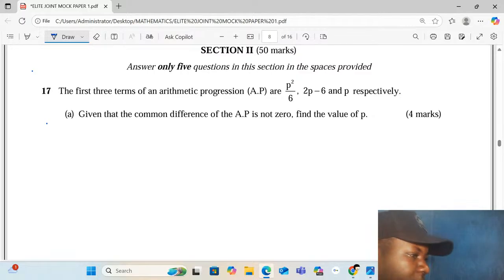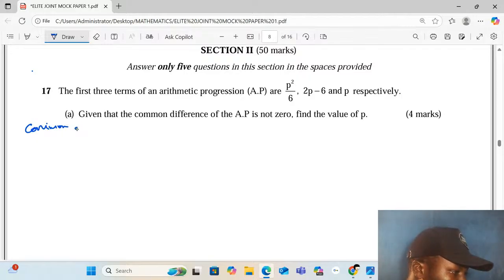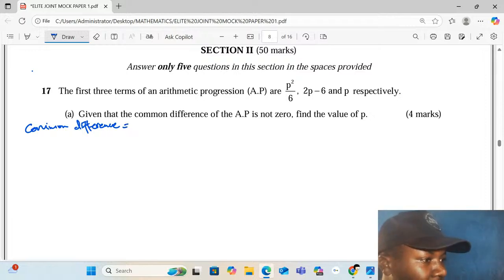Keep in touch. So the first thing we are supposed to do now is look for the common difference of this AP. In the common difference, we are going to subtract the first term from the second term, and then the second term from the third term, so that we get our common difference.